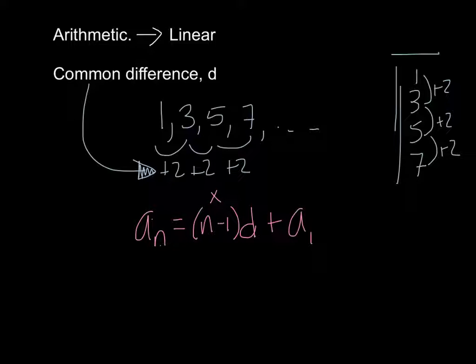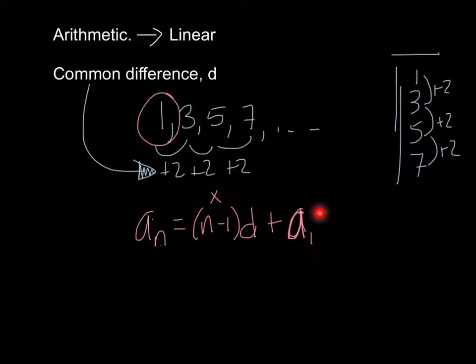So we want to be able to use the first term in our sequence as our y-intercept spot, as our b spot. But in order to do that, instead of it just being an n like we want it to be, we're going to go n minus 1. So it takes care of that x being 0 part, and allows us to put in our y-intercept here.